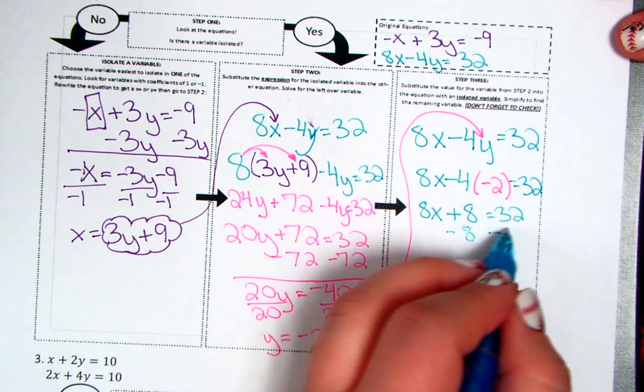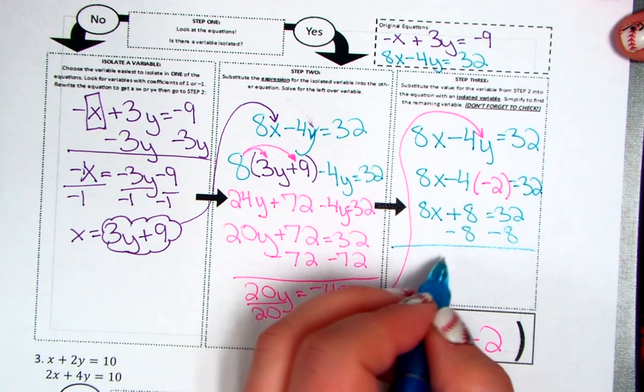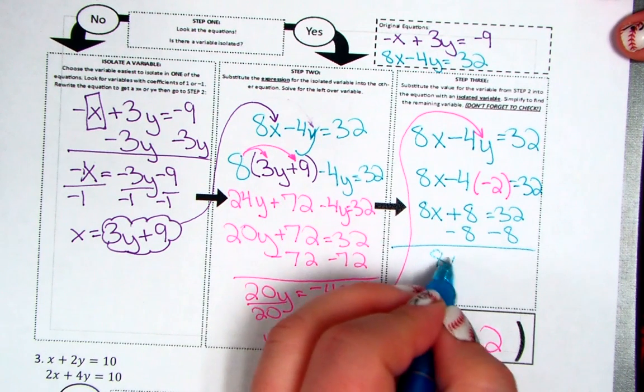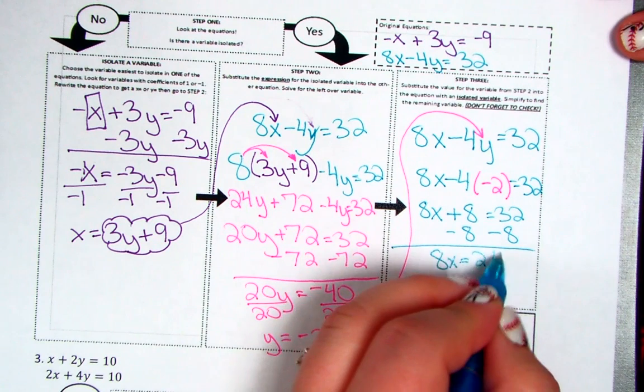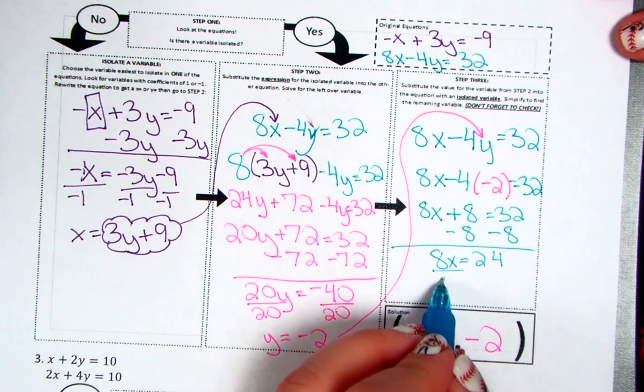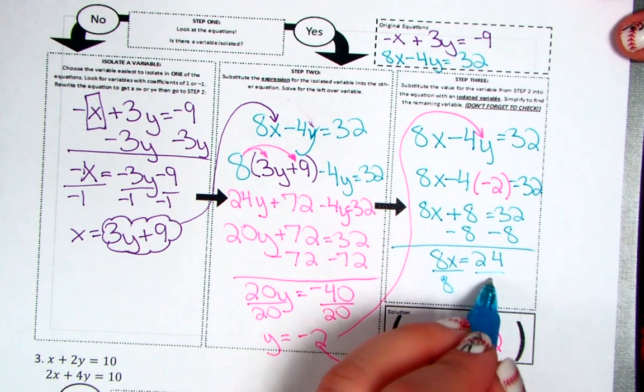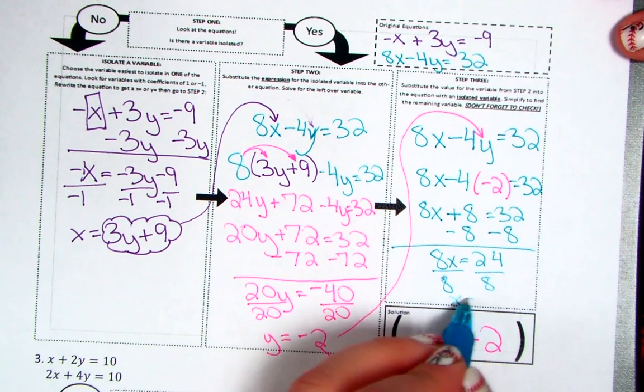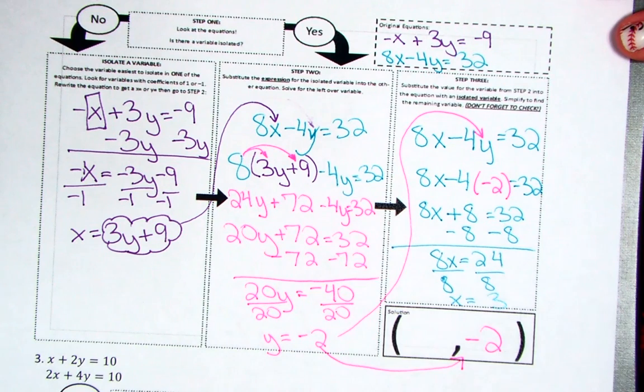Subtract 8 from both sides, and 8x equals 24. Divide by 8 on both sides, and we get x is equal to 3. That's our x coordinate.